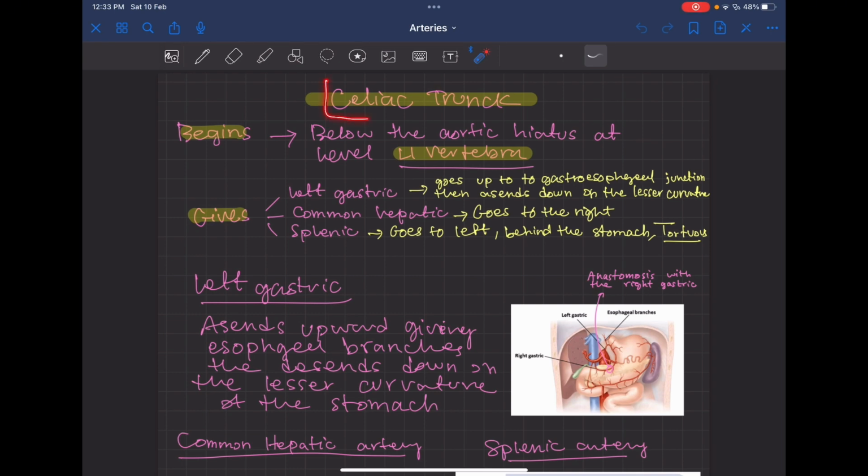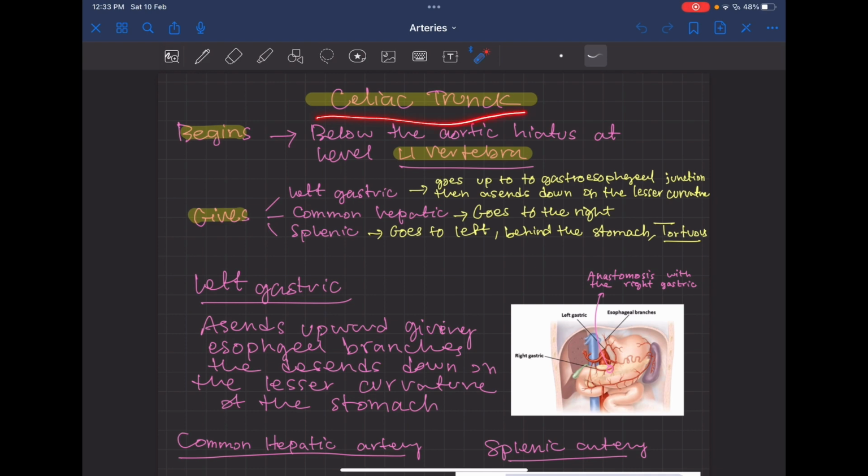First of all, I'm going to start with the celiac trunk. I just said that the celiac trunk is the main supply for the foregut, which is basically from the abdominal esophagus until the proximal part of the second part of the duodenum. It's very important, when we talk about the celiac trunk or any branch of the abdominal aorta, to talk about the vertebral level that this trunk comes out of.